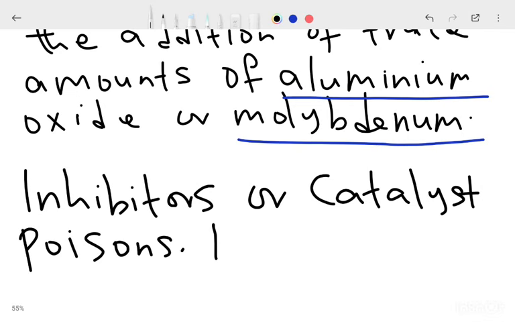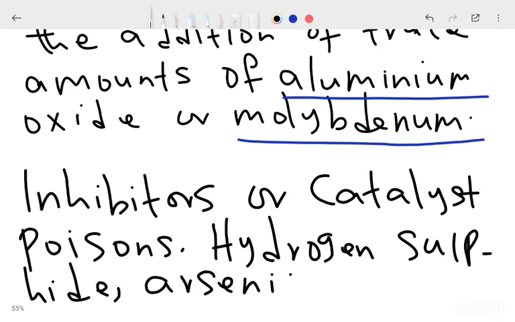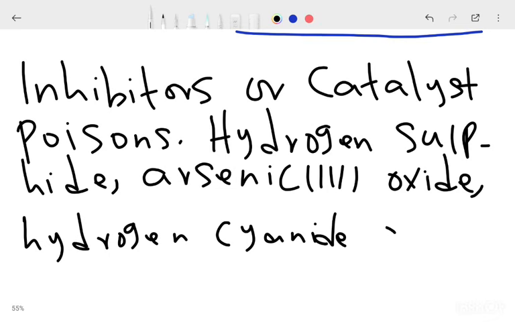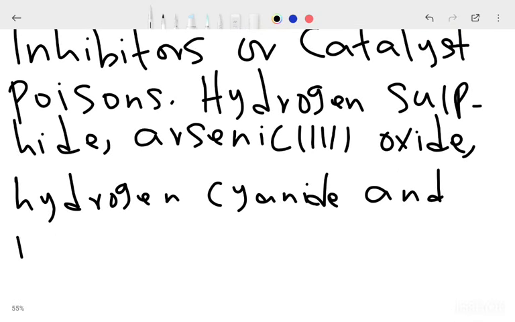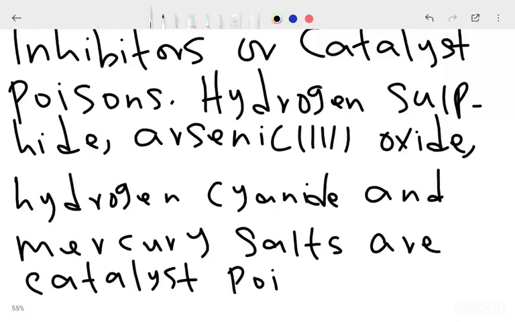Now, hydrogen sulfide, arsenic trioxide, hydrogen cyanide, and mercury salts are catalyst poisons or inhibitors.